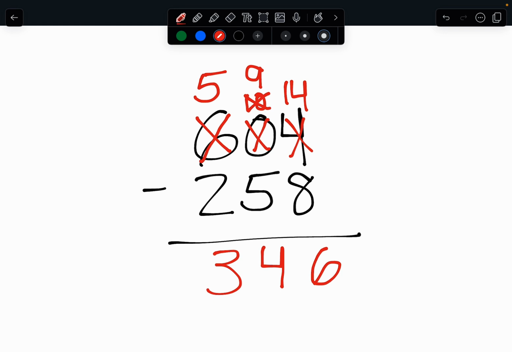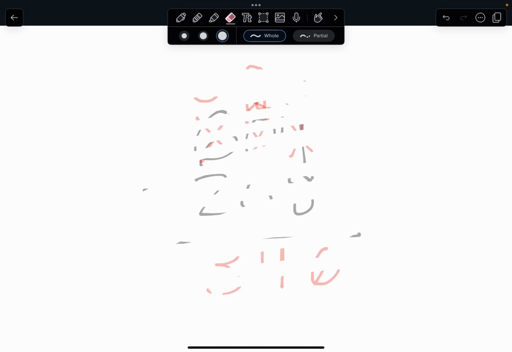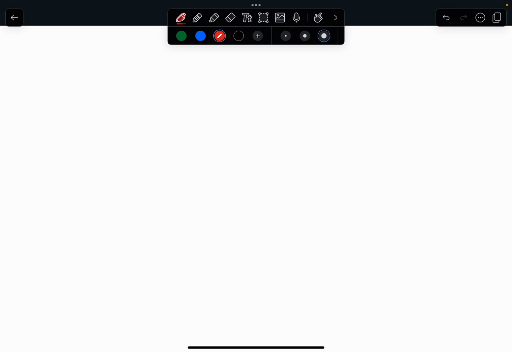You can see here that when you're borrowing across the 0, it's nothing to be scared of. Sometimes you just have to go to the next place value, borrow from that, and you can get your answer, okay? We'll do another example like this one. In fact, we'll work this one. It's actually on your homework, okay? So, this is number 1 on your homework if you want to take a look at it.